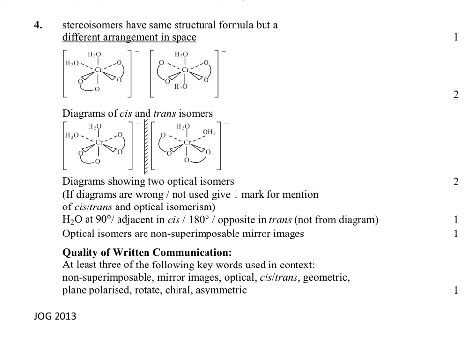So for the question that we looked at, we correctly identified what a stereoisomer was, and we drew cis trans and the 2 optical isomers. We got a mark for each of our versions. We had the water at 90 degrees in our cis, and 180 degrees in our trans.